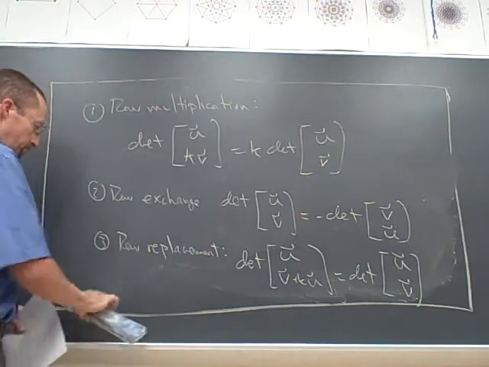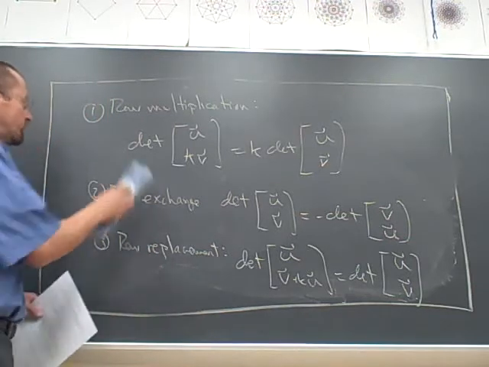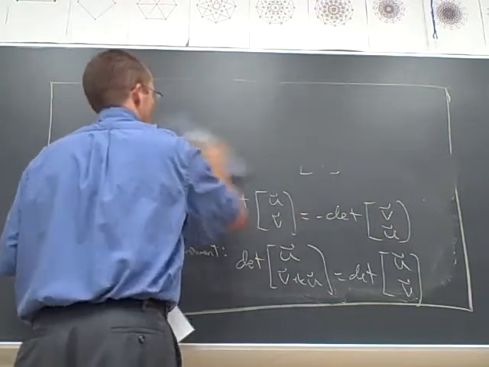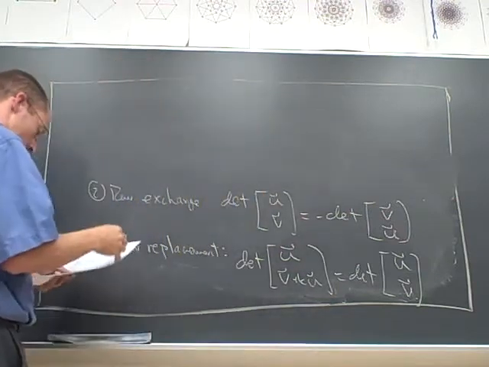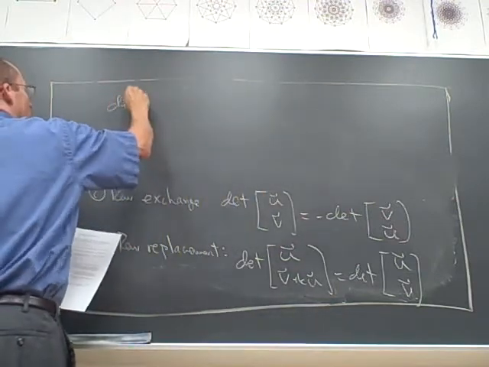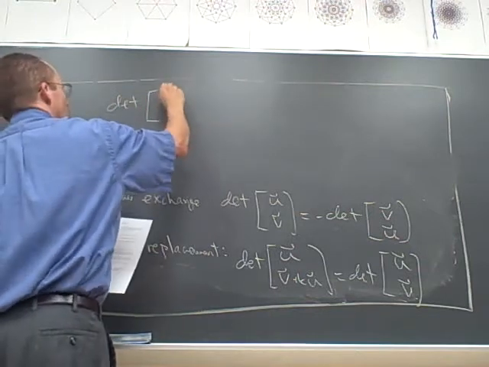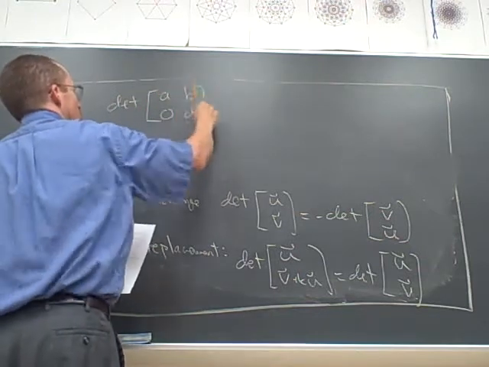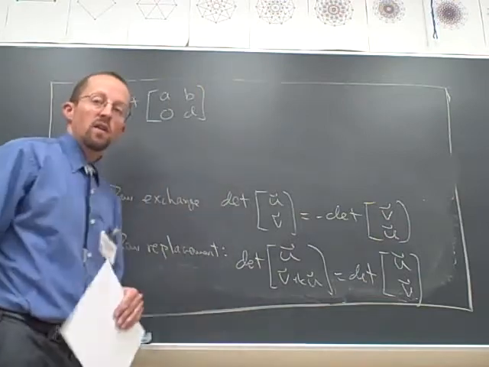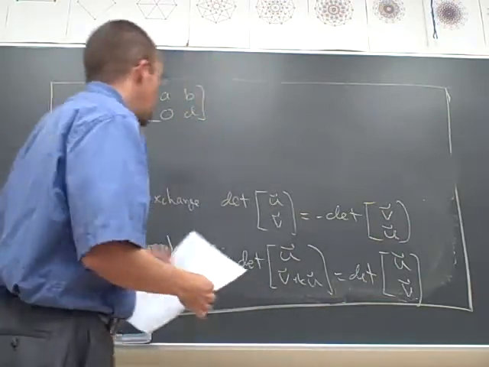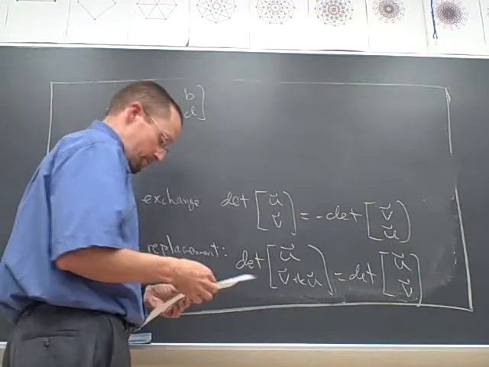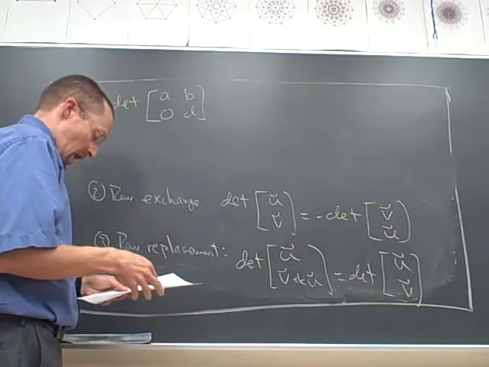So let's use that. In number 7, we want to find out the determinant of (A, B; 0, D). Not a completely special matrix, but not completely general either.